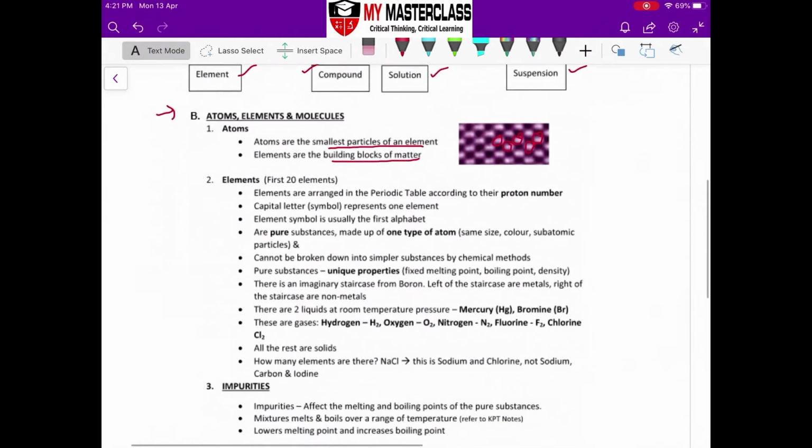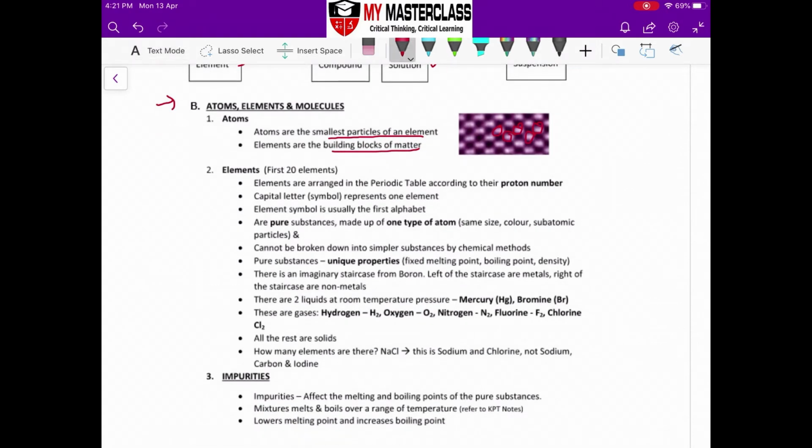Next, we are going to look at the elements. Elements are shown in the periodic table according to their proton number. For all of you who have the book with us, please flip to the last page of the book and you will get your periodic table. Let me flip to the last page.